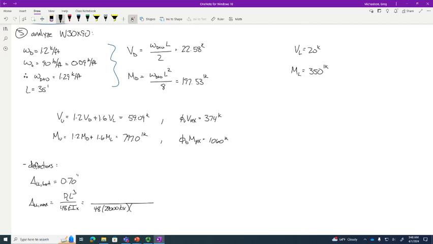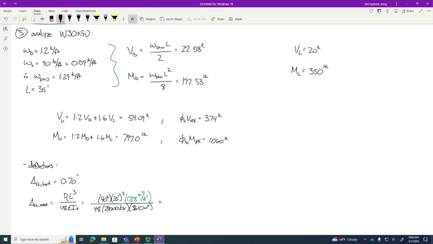And now we're going to use the actual I value of 3610. This is 40 kips, 35 to the third, and then don't forget your conversion factor. So I'm just recomputing the deflection, but now that I actually have a moment of inertia for the shape that I've tried, I can actually check it.